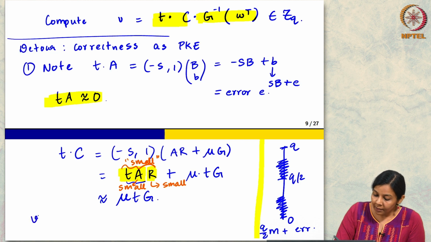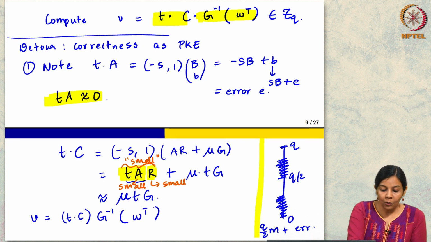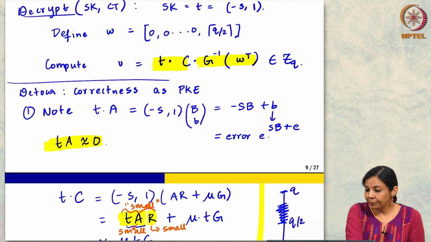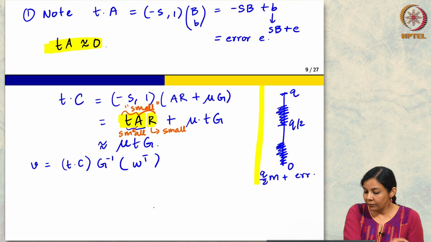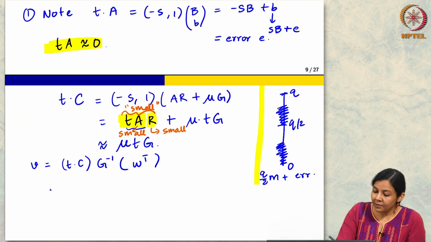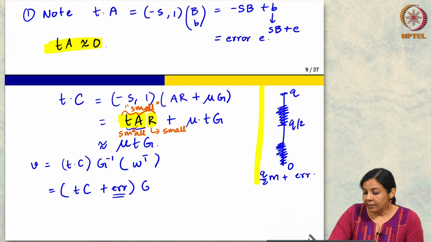So, we have t times c times g inverse w transpose. Now what is w? W is the zeros with q by 2 in the end. So, let us see what we get. Now t times c is t c plus some error, I do not care about its exact value, times g inverse w transpose.